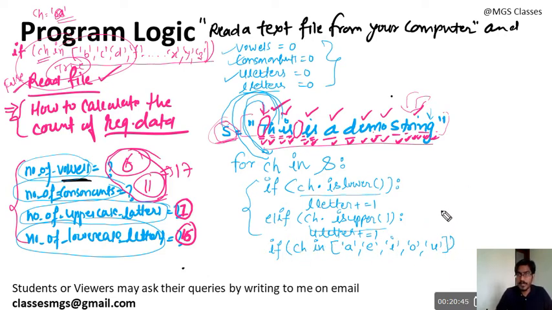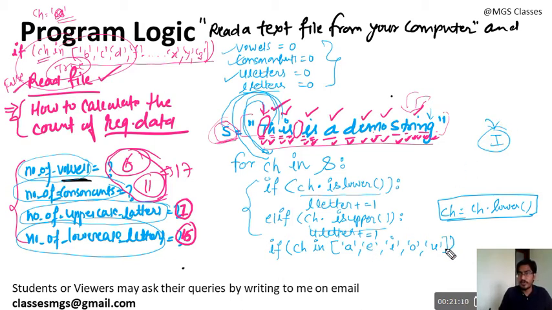let's suppose if you convert this character into lower case, then what will happen, ch.lower() function is basically used to convert it into lower case. If you write this line, then this logic will work. Let's suppose capital I is there, then capital I is also a vowel. If you write like this, ch in a, e, i, o, u, then capital I is not in this list, so it will return false, but it is a vowel, so it should return true.